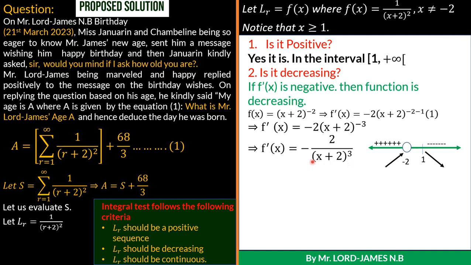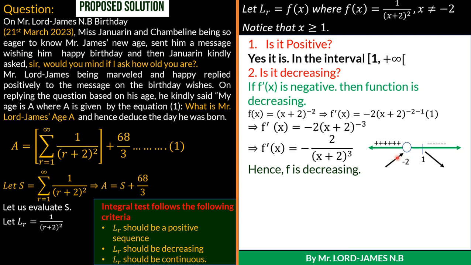But let's study this on a real number line, considering that we are on the set of real numbers, and see how this function behaves. If we represent the critical point of this derivative on a real number line, we see that it occurs at x equal to -2.